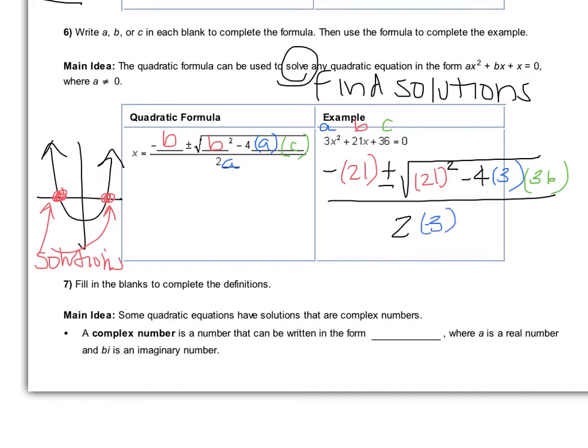Sorry, that should not say negative 3. Let me erase and rewrite that. I did it again. There we go. And then you can put that in the calculator. Don't forget, you can always do alpha y equals and 1, and that will give you the little fraction bar like this, which would be really helpful to you.